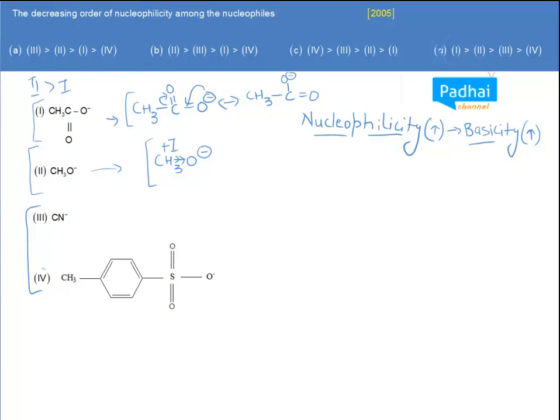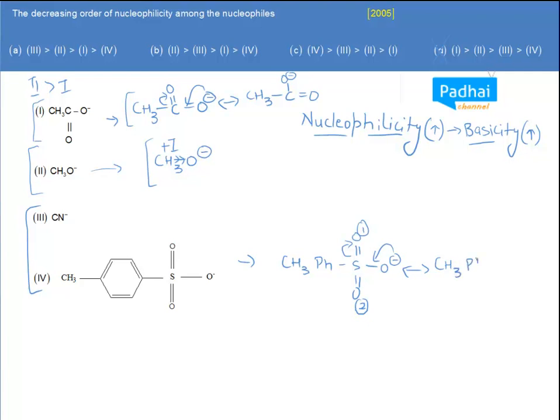Now let us come to the fourth. In the fourth, what is the nucleophile? This is CH3 PhS double bond O, O minus. This negative charge can resonate with the first oxygen atom, and it can also resonate with the second oxygen atom. That means it will have 3 resonating structures.